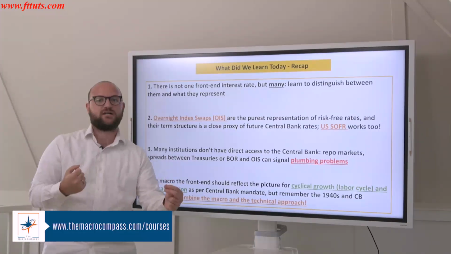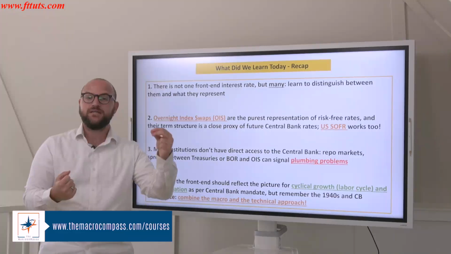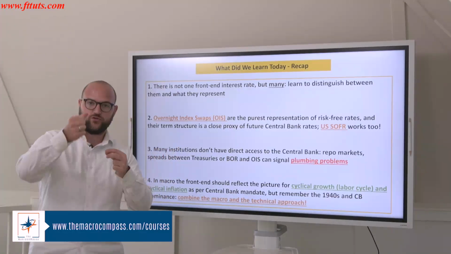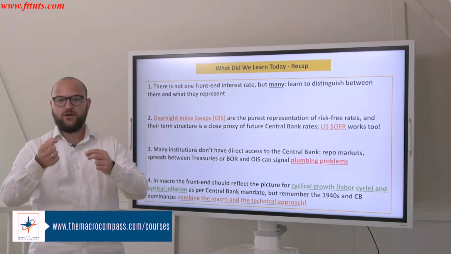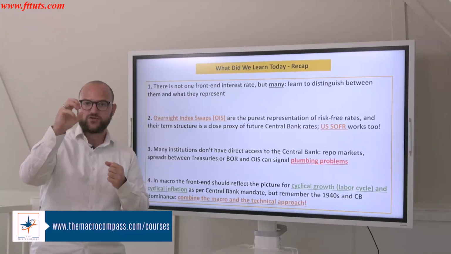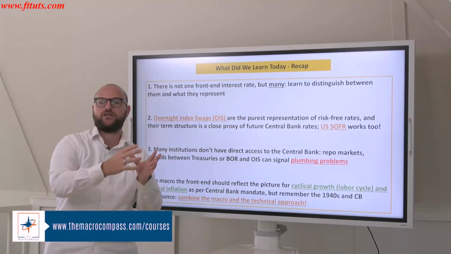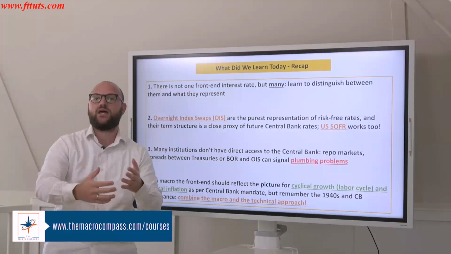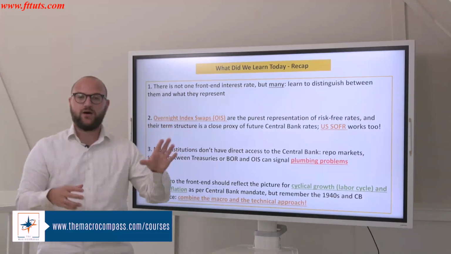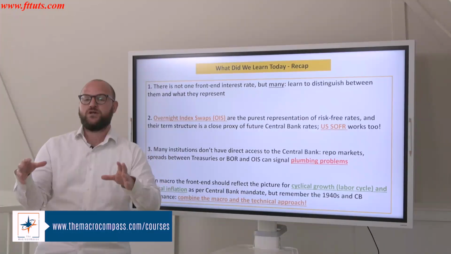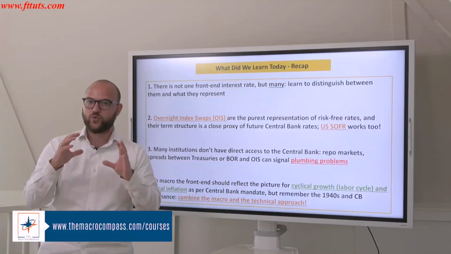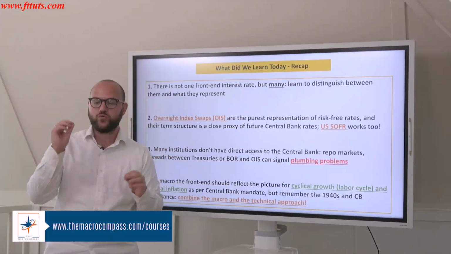That means that tracking the nuances and the spread between treasuries and OIS, between Euribor and OIS in Europe, between credit instruments and OIS, that are often deployed by these institutions to find a way to deploy their money overnight, can give signals about plumbing issues in the front end of the market.